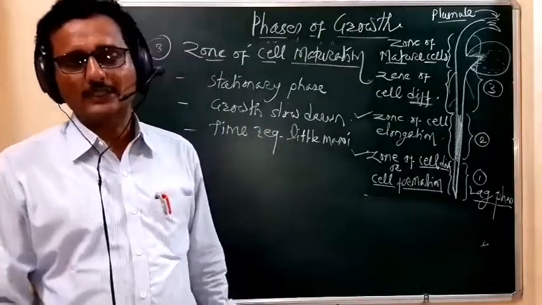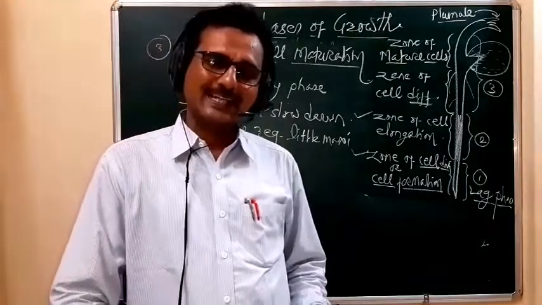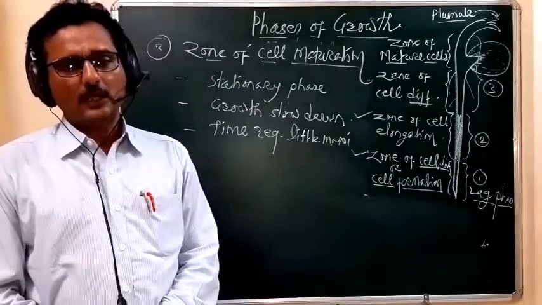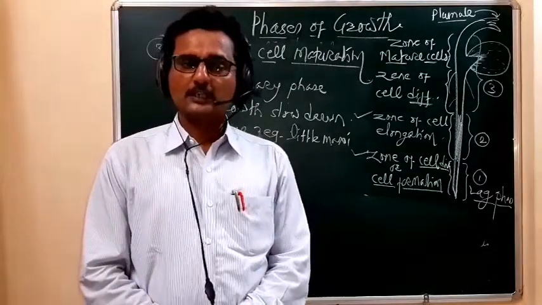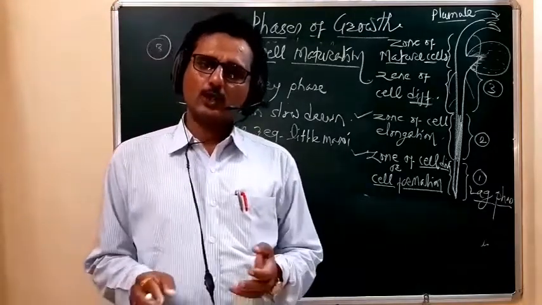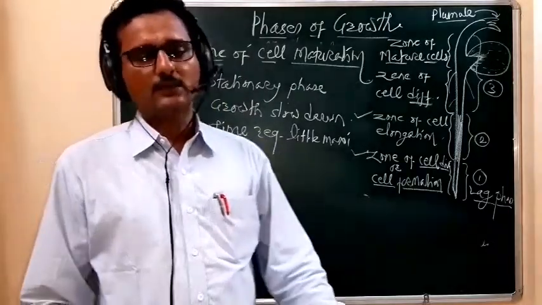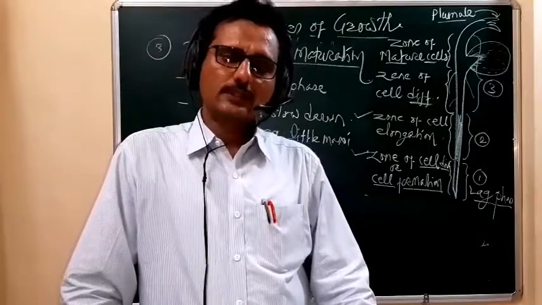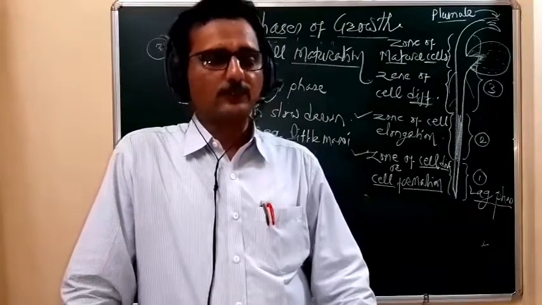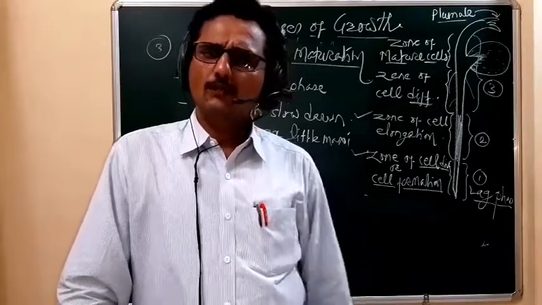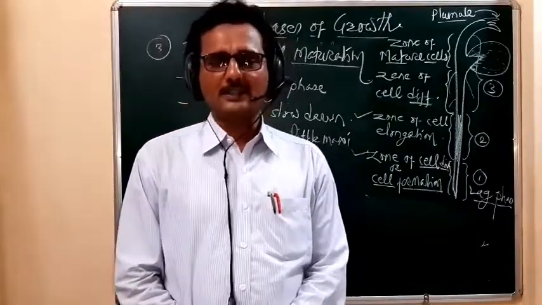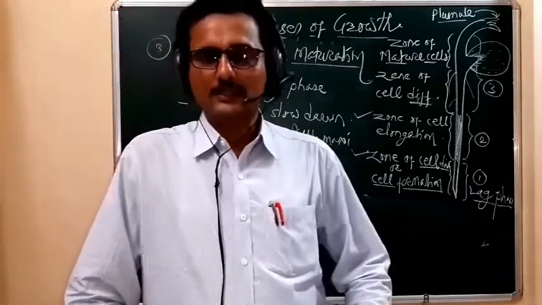There is a formation of epidermal cells, followed by cortical cells, then endodermal cells, then pericycle cells, and finally the cells differentiate to form the cells of the xylem tissue and the phloem tissue.